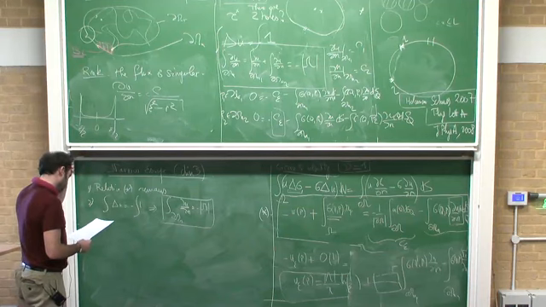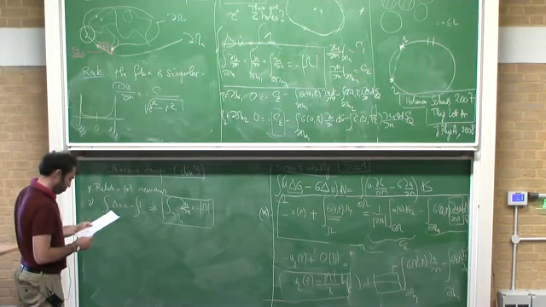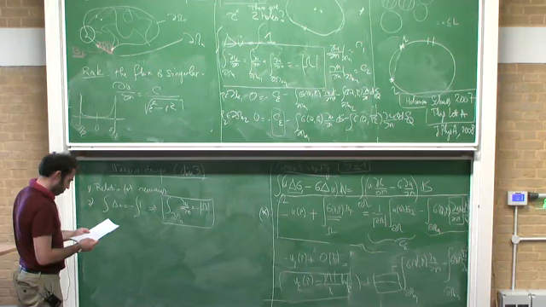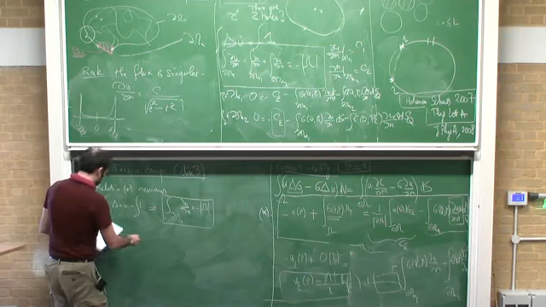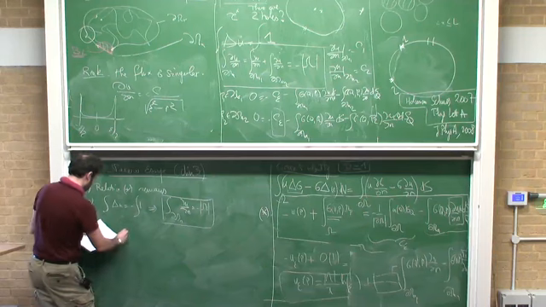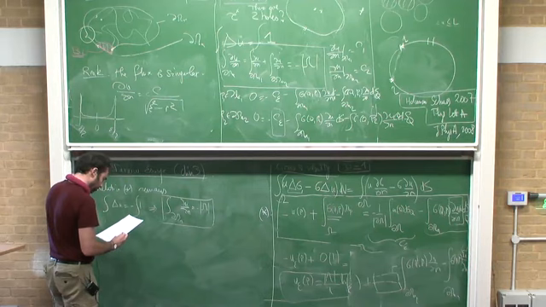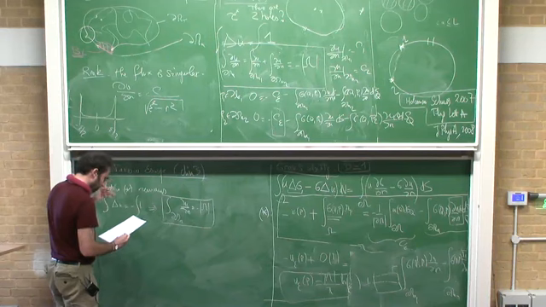Okay, so there are some differences. I've changed a little bit the Green's function, but it's unimportant. The Green's function I'm going to use is a bit different.